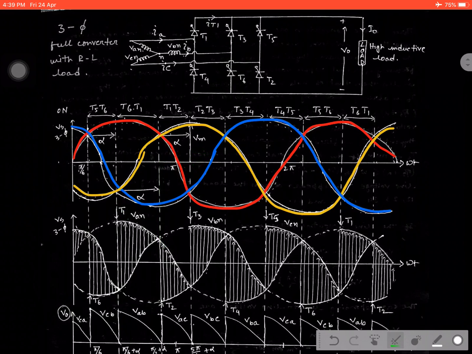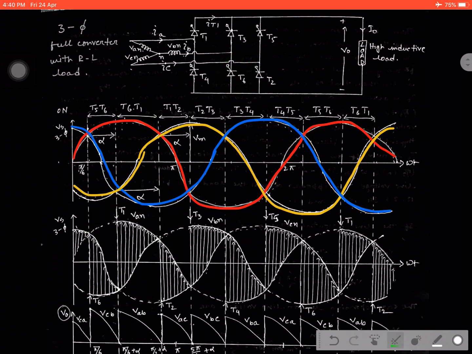Then VAN is decreasing in order and VBN increases, as well as VCN increases. That means after crossing the conduction period of T1 T6, then T6 gets reverse biased.